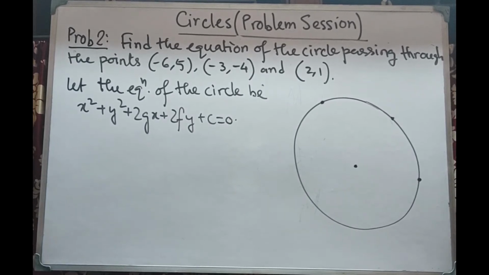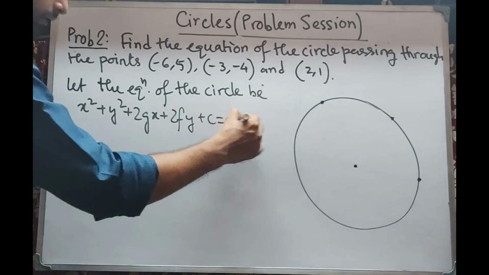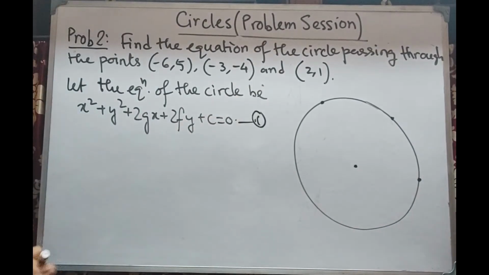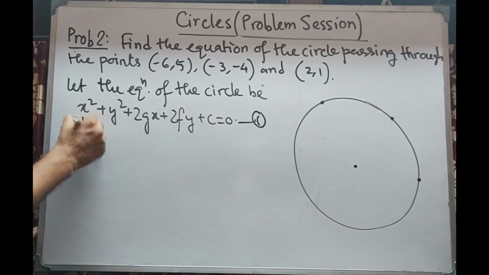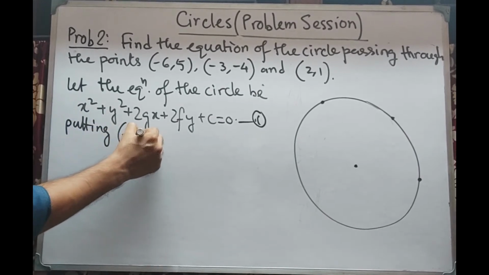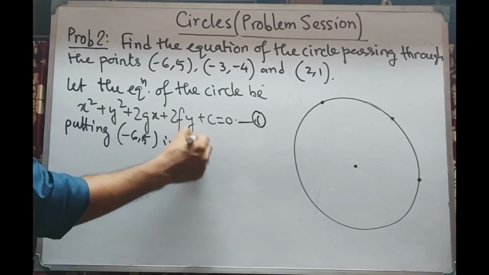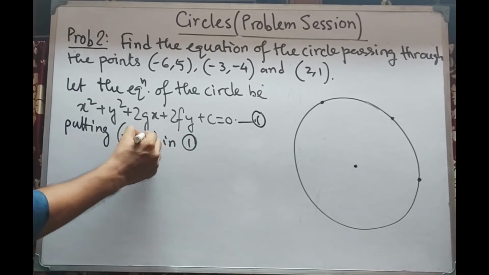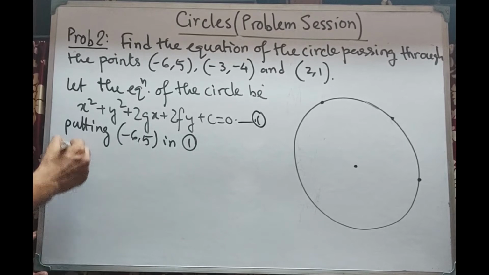So first we are putting the point minus 6, 5 in this equation. So putting minus 6, 5 in 1. What we are getting?